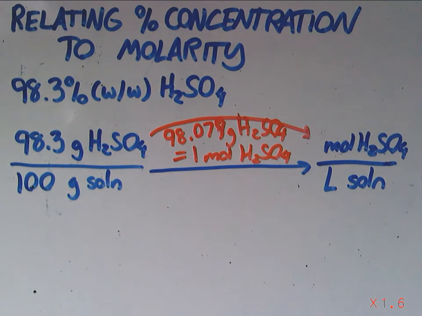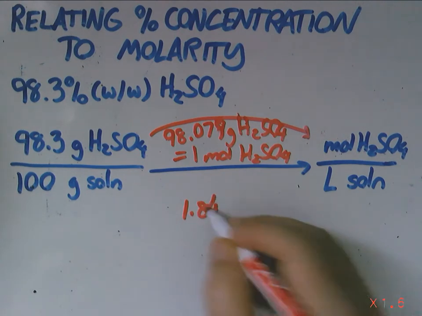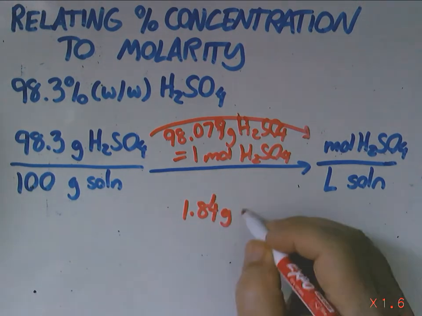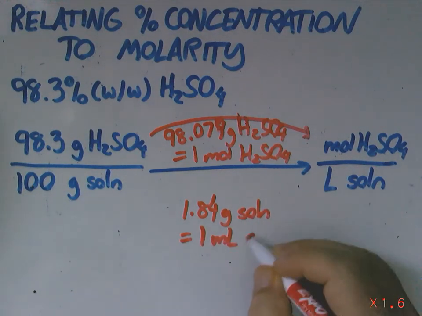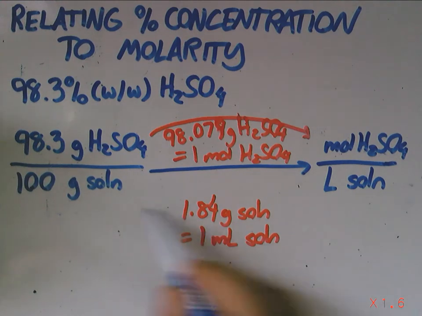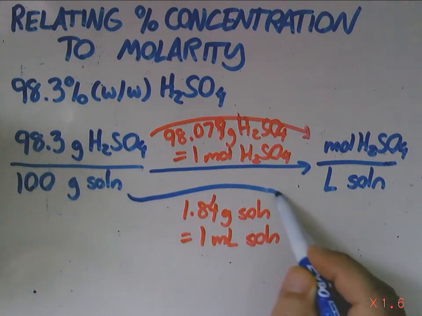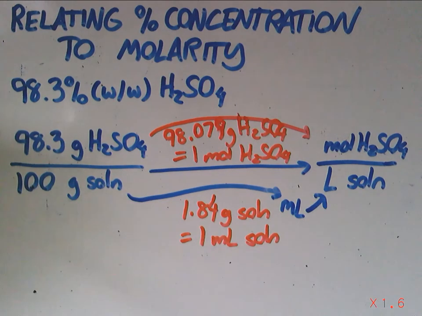Well, in this case, I'm going to look at the side of the jug, and the jug says 1.84 grams of solution is 1 milliliter of solution. So my roadmap on the bottom can go to milliliters, because that'll connect grams and milliliters, and then I can just turn milliliters into liters. Don't forget that last step or your answer will be off by a factor of 1,000.